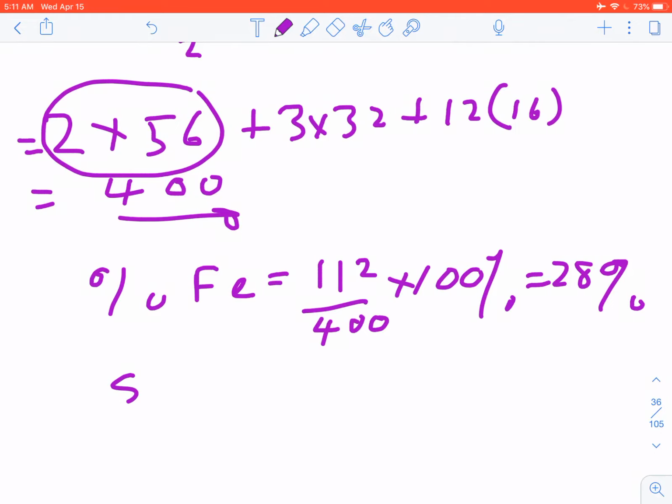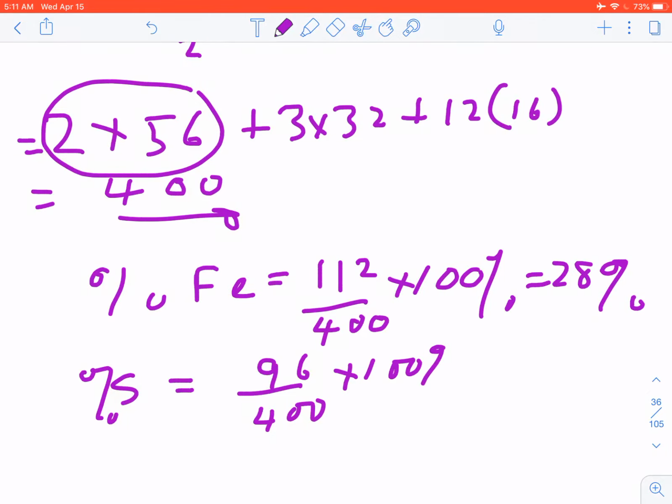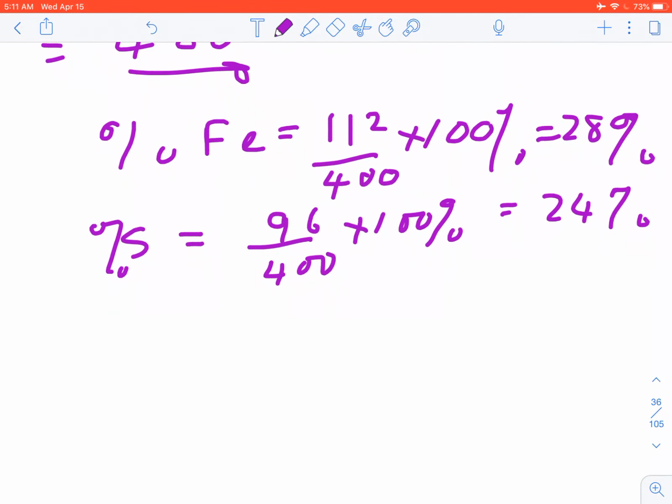And then sulfur percentage is equal to 96 upon 400 times 100%, which gives us 24% for sulfur.